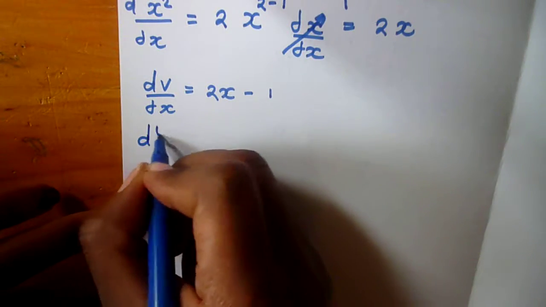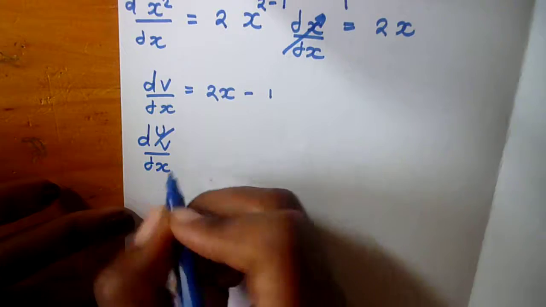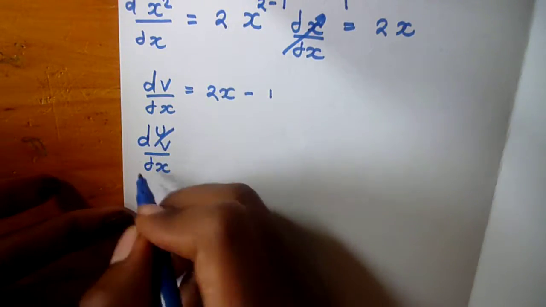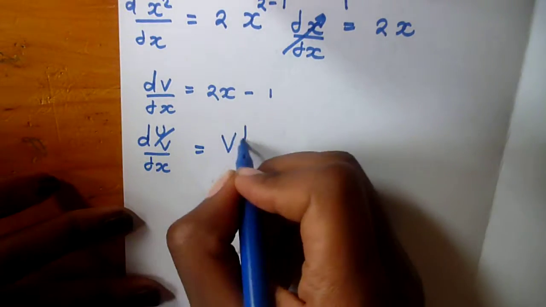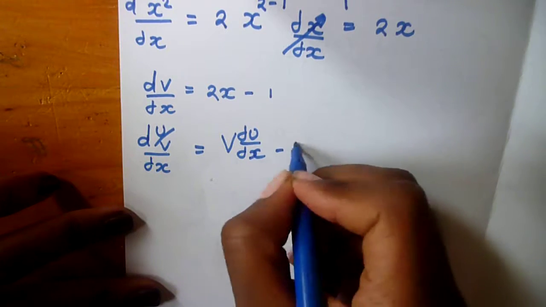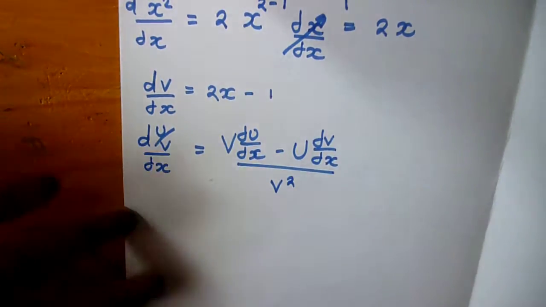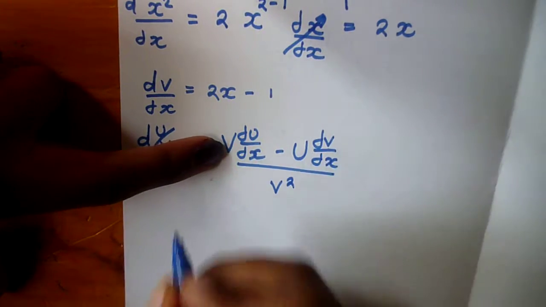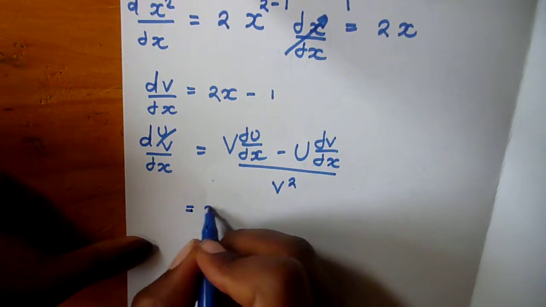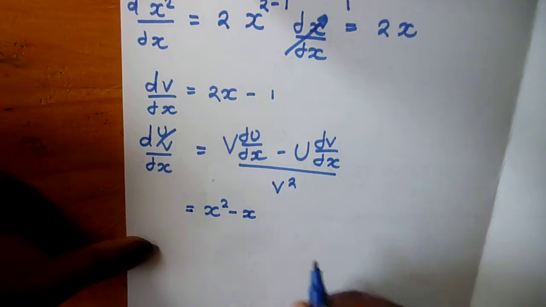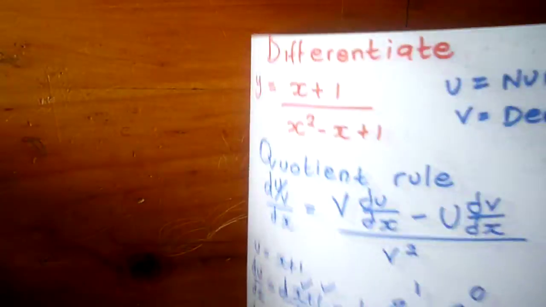From there, we're just going to apply everything to our quotient rule, and let me just write it again. So the derivative of u over v with respect to dx is the same as v du over dx minus u dv over dx all over v squared. Our v was x squared minus x plus 1.